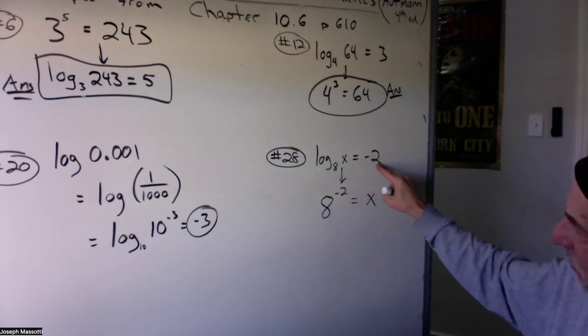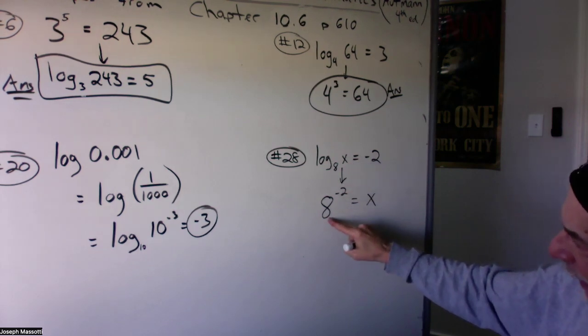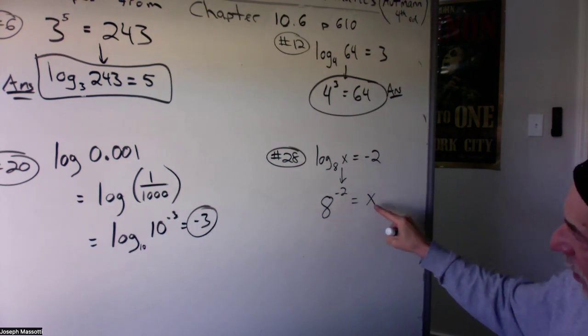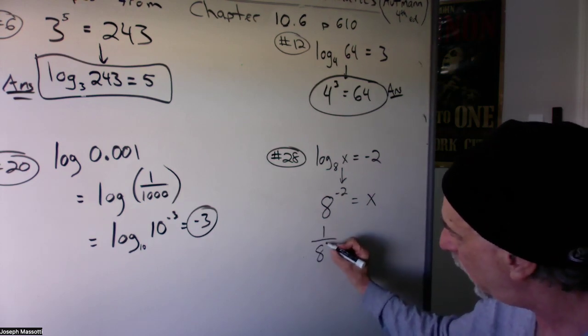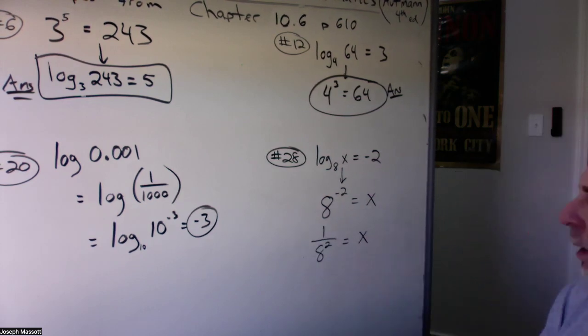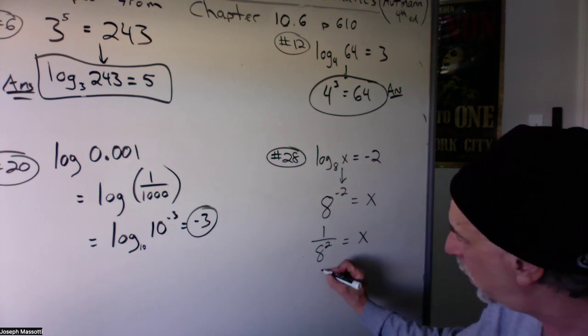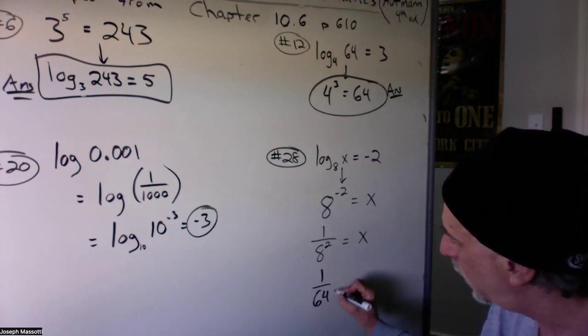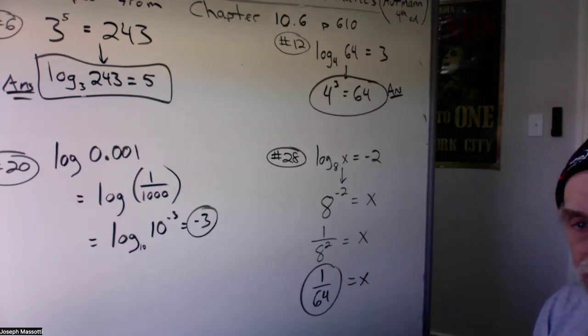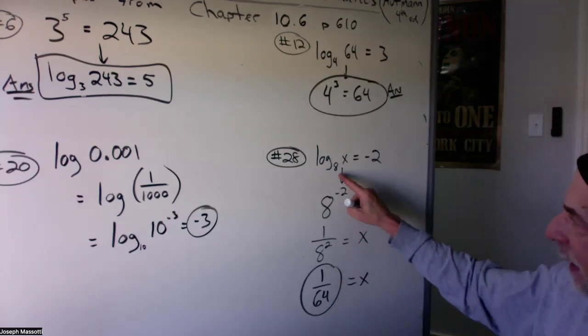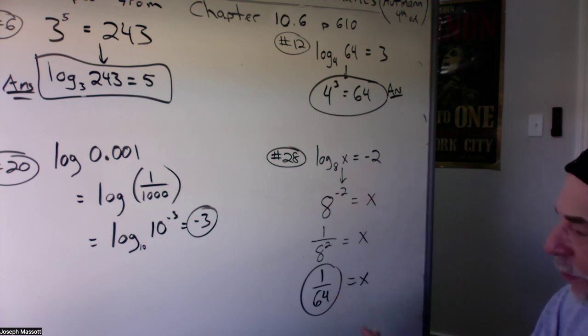Base, exponent, result. Well, we know negative exponents again. This is 1/8 squared. 8 squared is 64. So 1/64 is going to be our answer. And you can check that by raising 8 to the negative second and making sure you get 1/64.